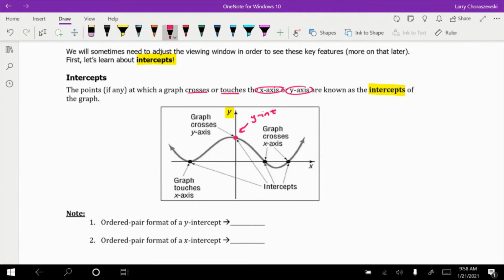We've got some points where the graph is crossing or touching the x-axis: a point on the negative part of the x-axis, and a couple of points on the positive part. Regardless of where it's crossing or touching the x-axis, those would be intercepts, because that's where the graph is intersecting the x-axis. I usually indicate those by x-int.